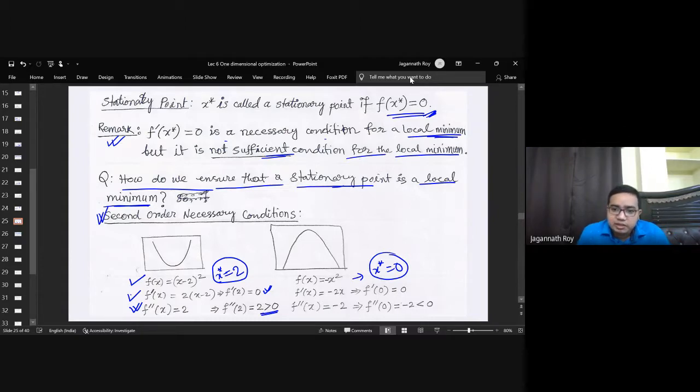So similarly, the first derivative is 0, but the second derivative is less than 0. So for this we can call it a local maximum. If it is greater than or equal to 0, then it is minimum, and if it is less than or equal to 0, then it is maximum.